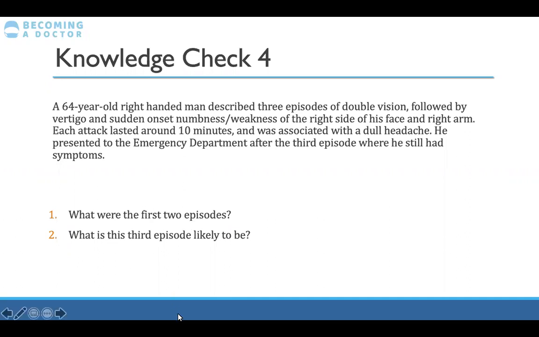Okay, so that's why it's really important to train your history taking, to train your examination skills, and to have good anatomical knowledge so that you can figure out where the particular abnormality is.